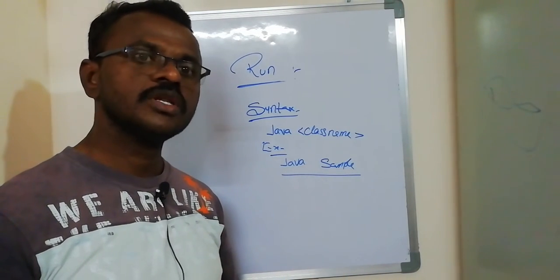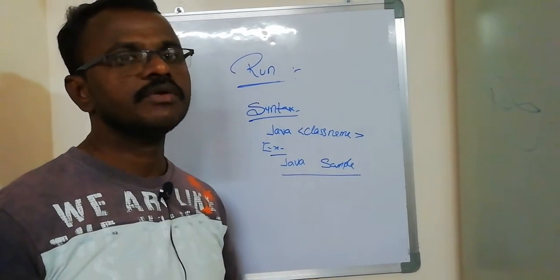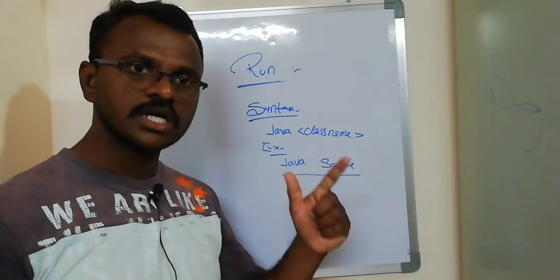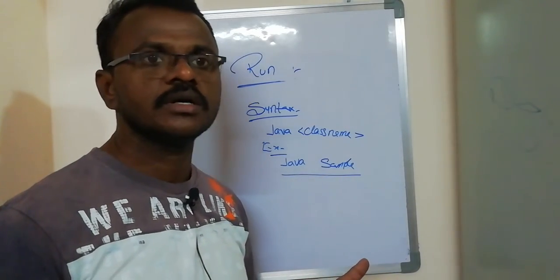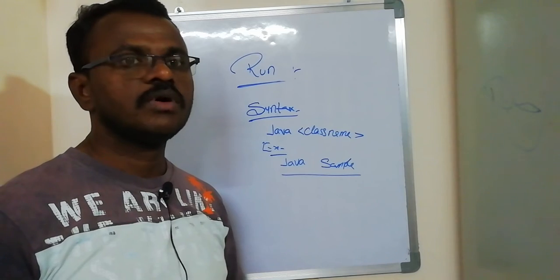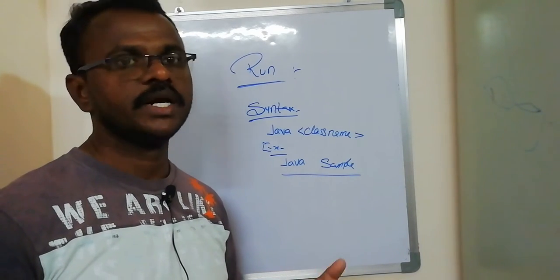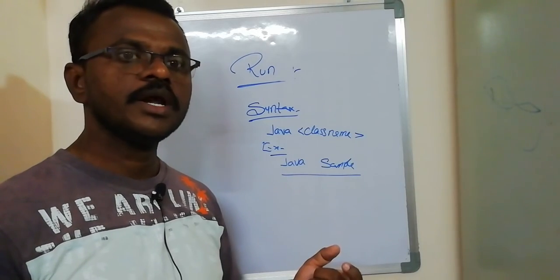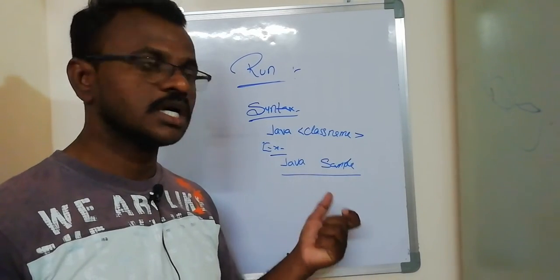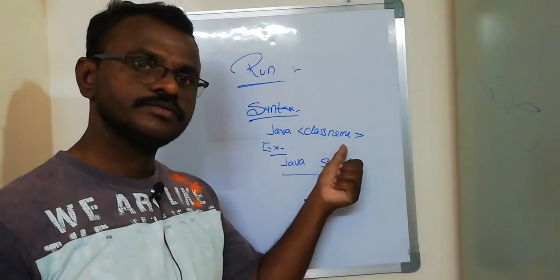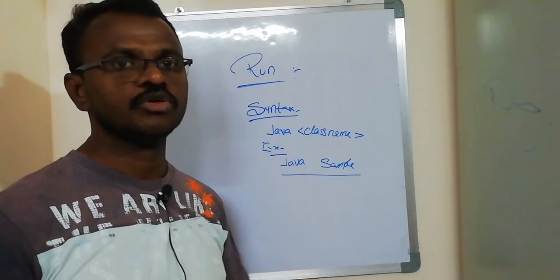When you call the user class, it cannot give output because that class does not contain the main method. To run any Java program, it must contain the main method or command line arguments. That class can display the output.